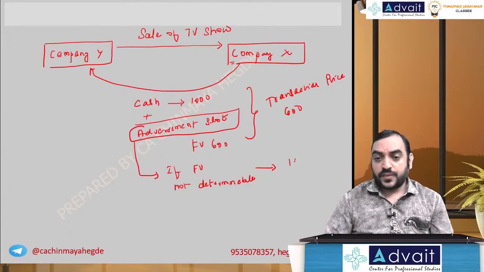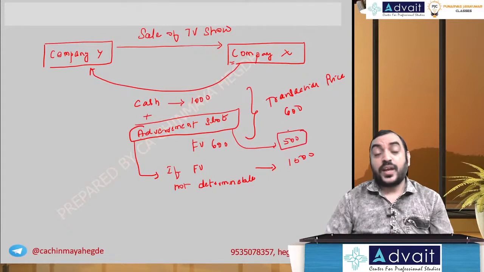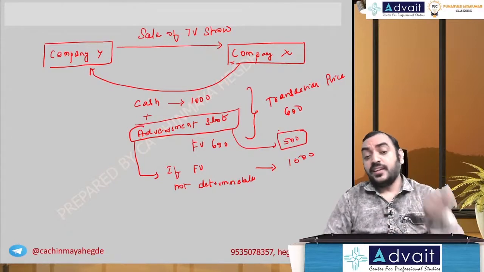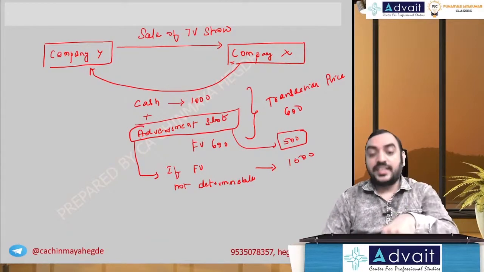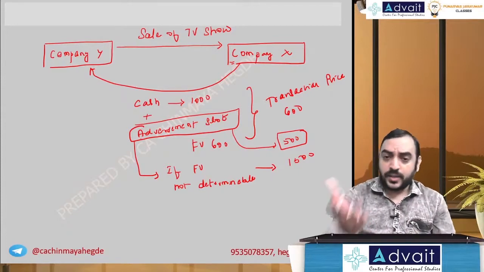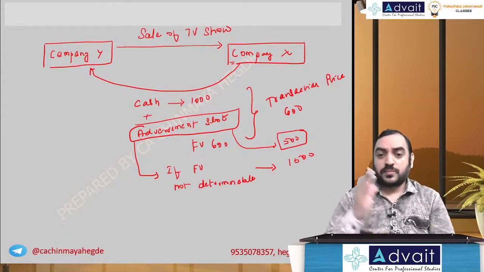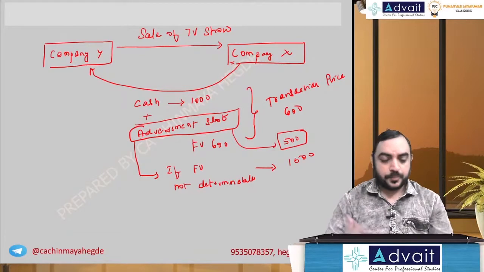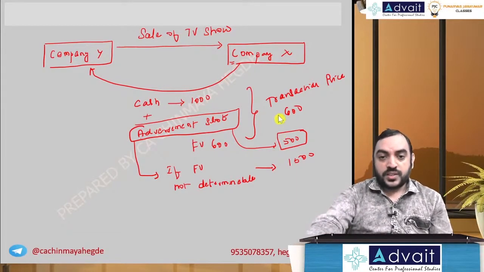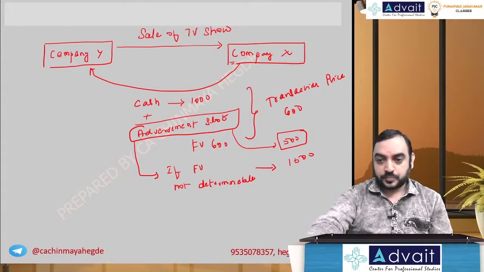In that case, you would have taken 1500 totally, and this advertisement slot would be the balancing figure, 500. That is only when the fair value was not determinable, not now. Here, fair value is determinable, so you can go for this 1000 plus 600, 1600. Okay, so hope you got this point. I'll go further.